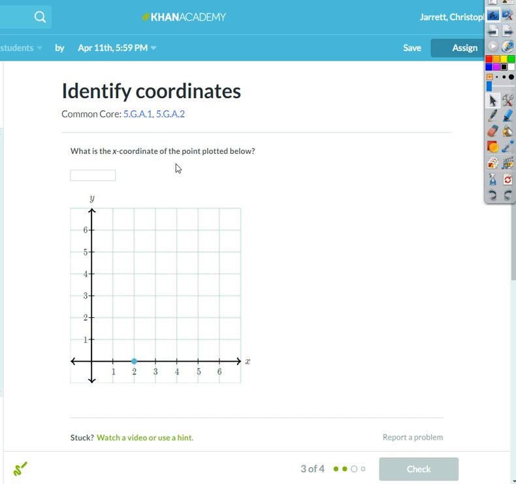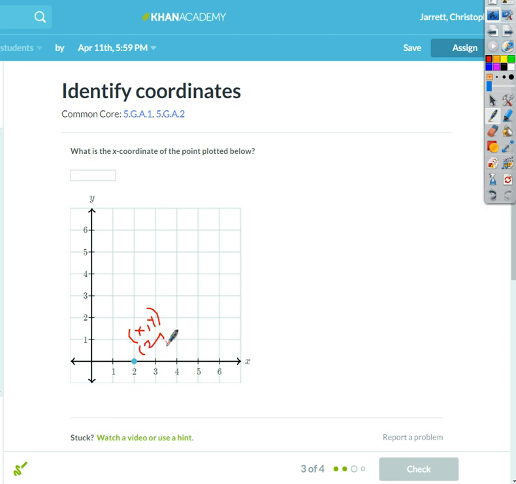What is the x coordinate of the point plotted below? So once again, I know I should be writing the coordinates as x, comma, y. So I look at the x-axis first, and in this case, the x is directly on 2 on the x-axis.